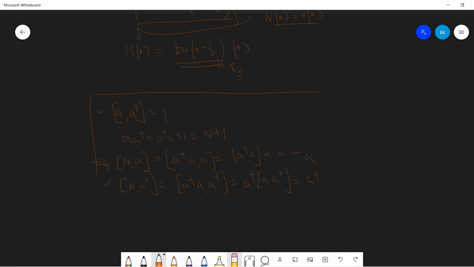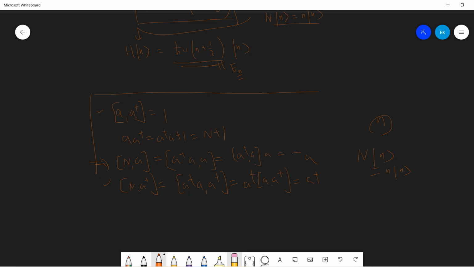Okay, so actually we didn't prove that this n can be greater or equal to 0, right? We only say that this n, we are not guaranteed that n is positive. Suppose we have this, right?